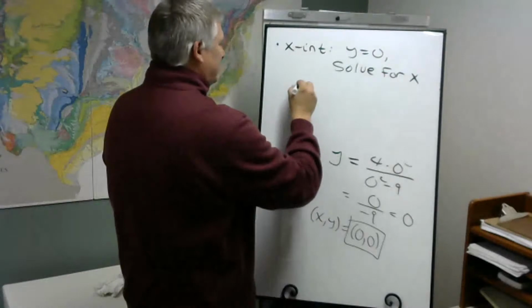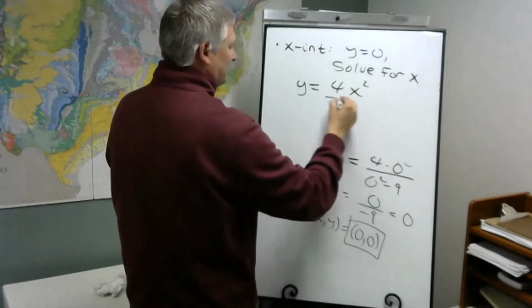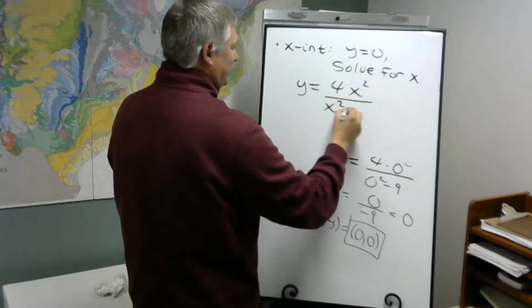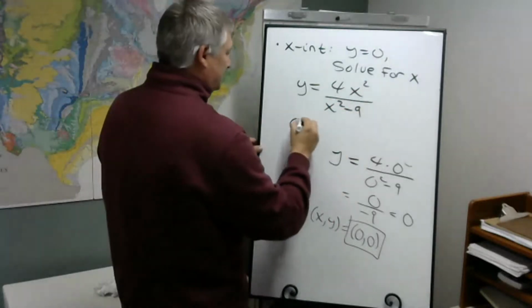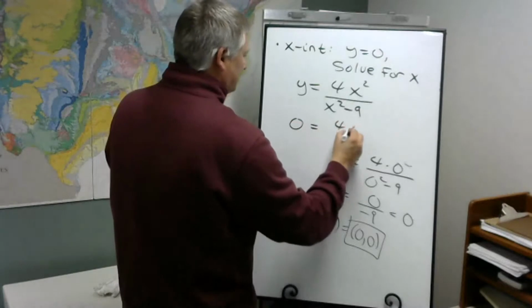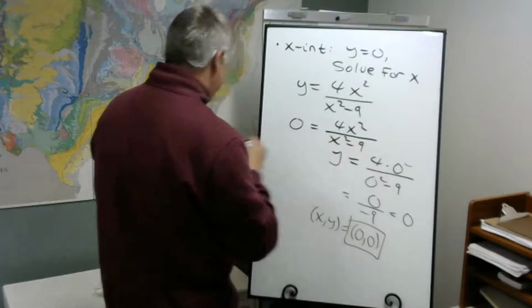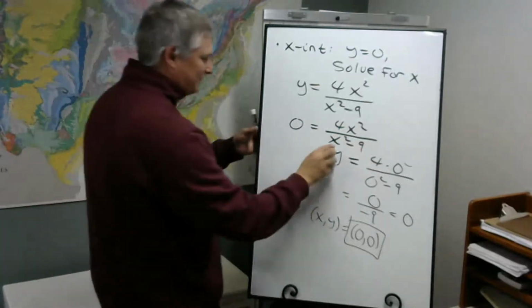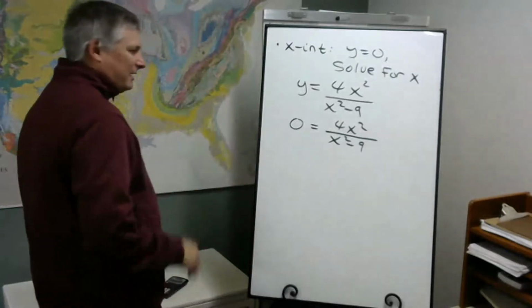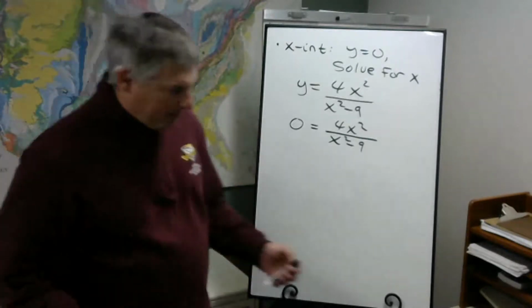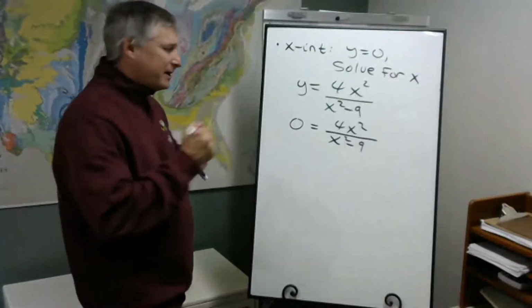So we have our y equals 4x squared over x squared minus 9. We're going to let y be 0. So 0 is 4x squared over x squared minus 9. And to do this, we can multiply both sides by x squared minus 9.